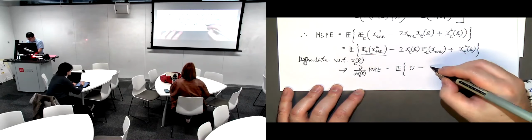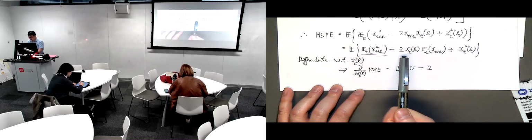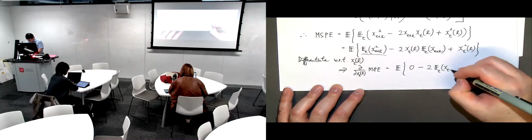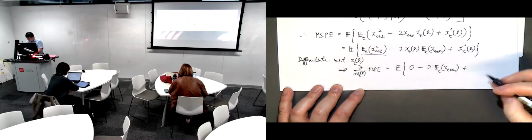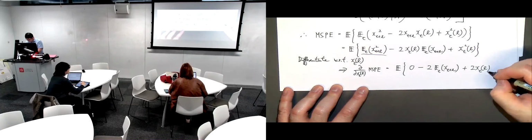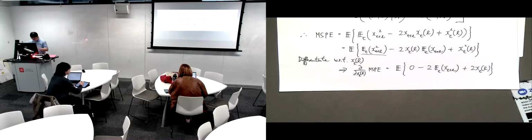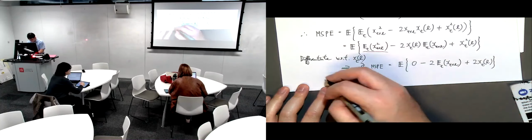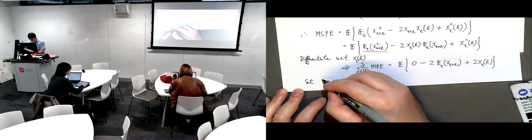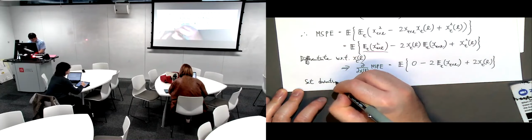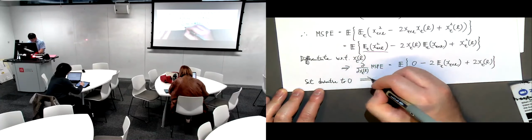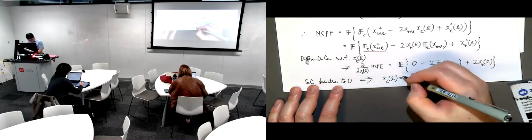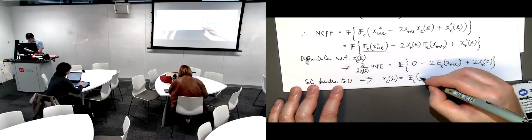Minus 2 times, well, this is linear in X_t bracket L, so what's left is E sub t of X_{t+L}, plus 2 times X_t bracket L. And if we set this derivative to 0, this will be 0 if and only if your X_t bracket L is E sub t of X_{t+L}.